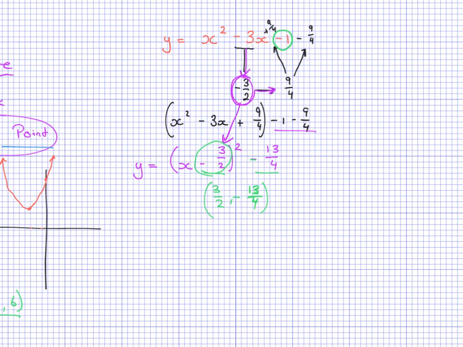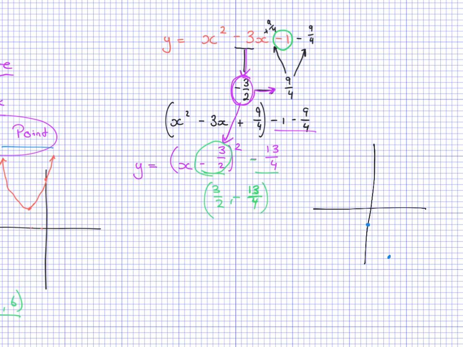To do a quick sketch, we've got our Cartesian plane here, x and y axis. I can sketch the y-intercept at minus 1. I can sketch the turning point at 1.5 and minus 13 over 4, which is roughly minus 3.25, somewhere down here.